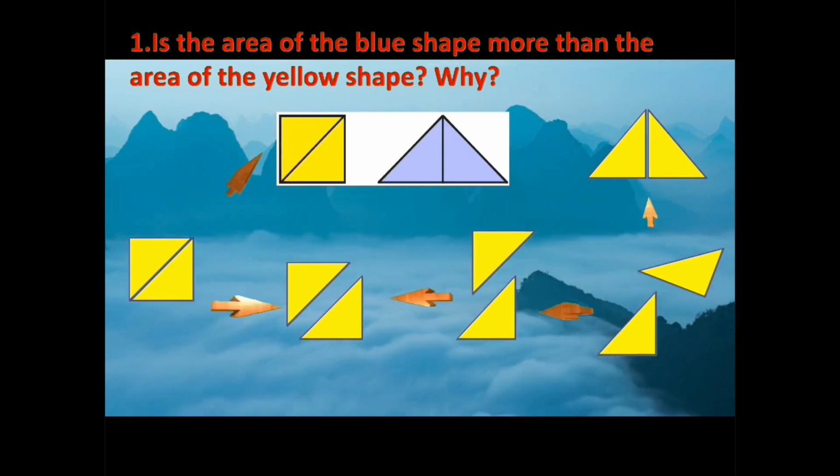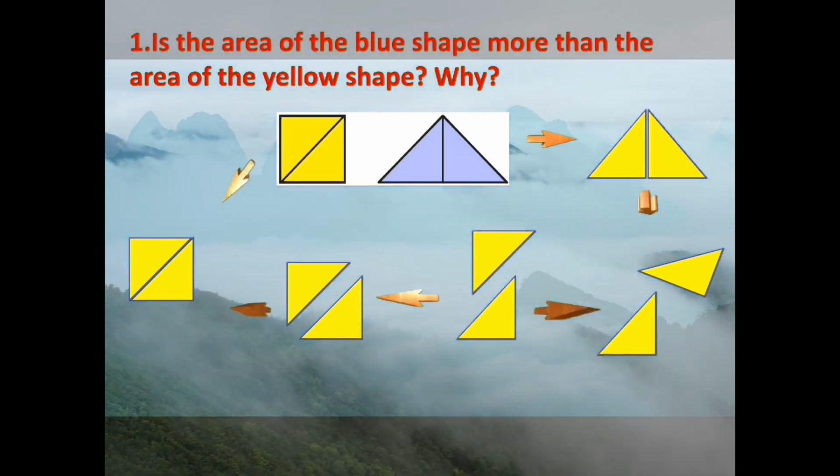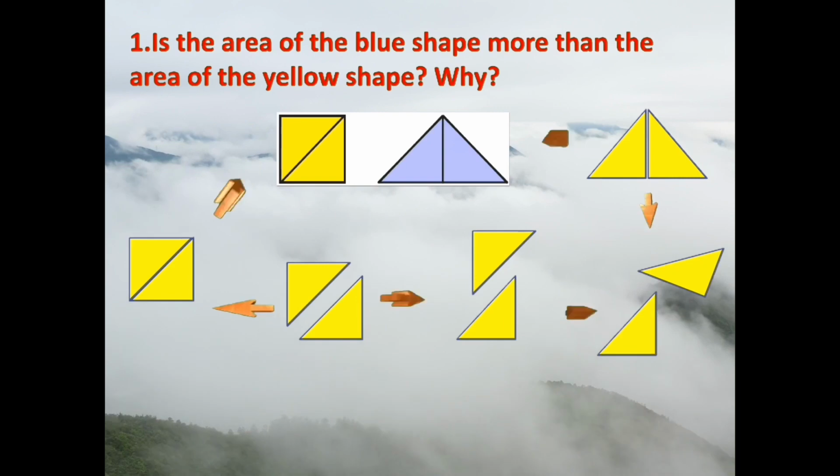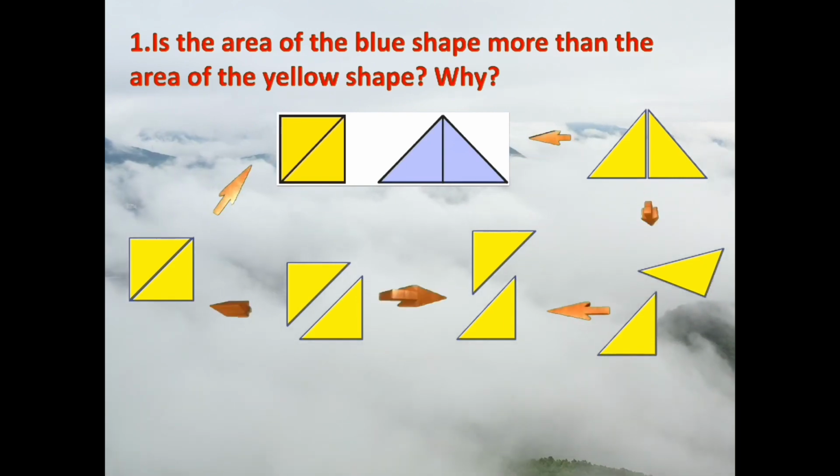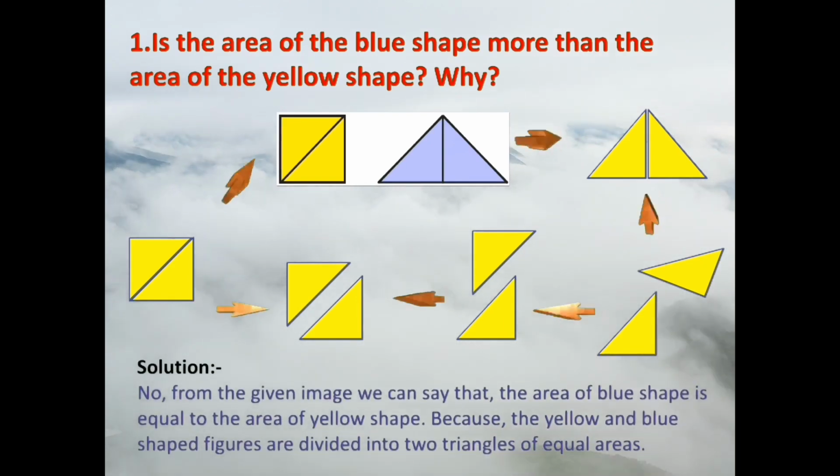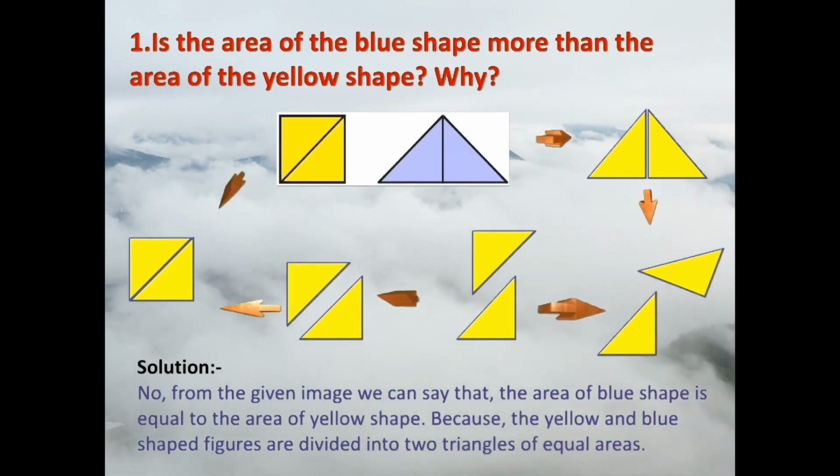No. From the given image, we can say that the area of the blue shape is equal to the area of the yellow shape because the yellow and blue shaped figures are divided into two triangles of equal areas.